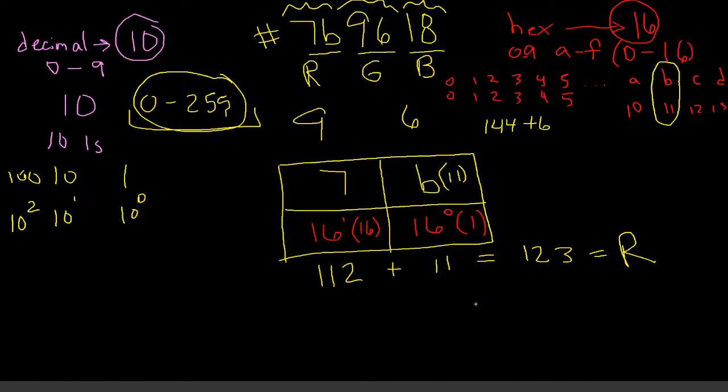So for our green value, our green is at an intensity of 150. And our blue value here is 18. 8 times 1 is 8. 1 times 16 is 16. So that's 24. Our blue intensity value is 24.